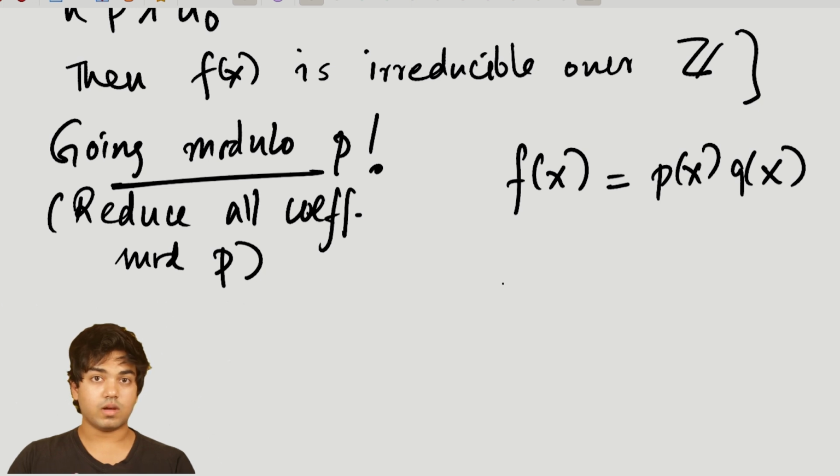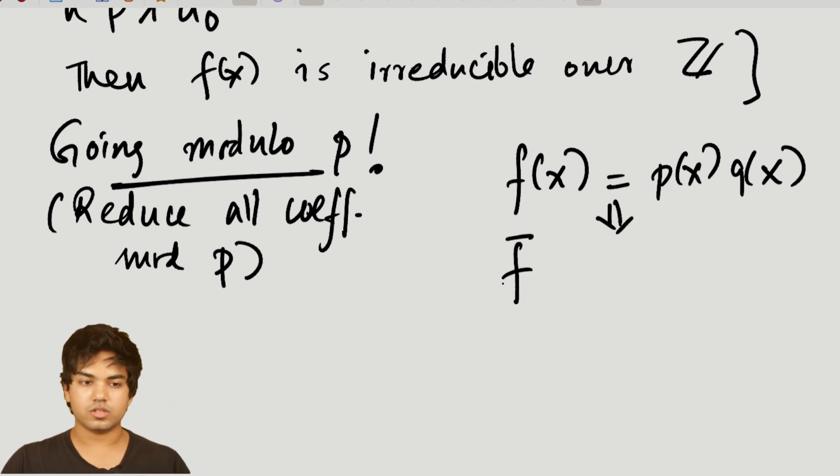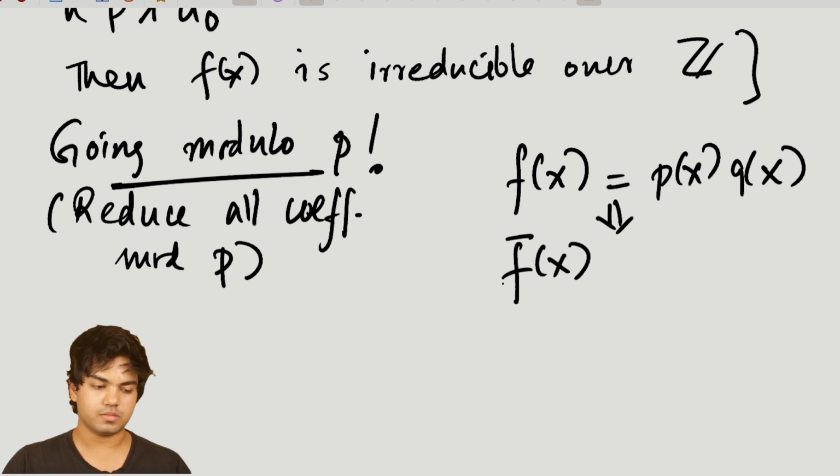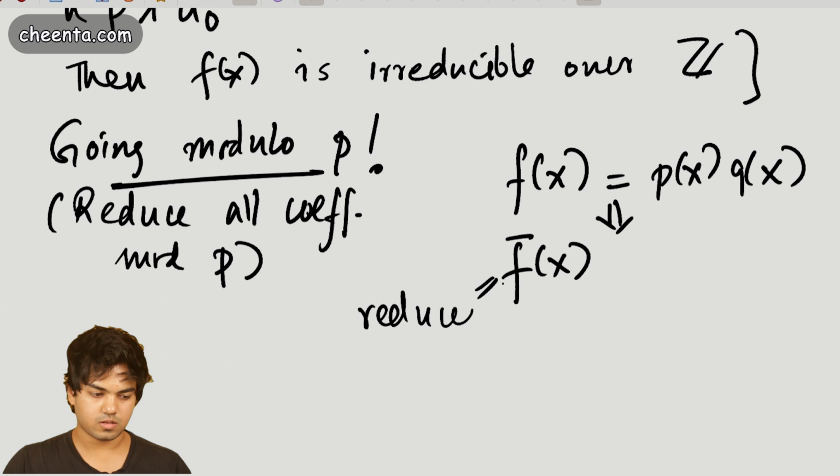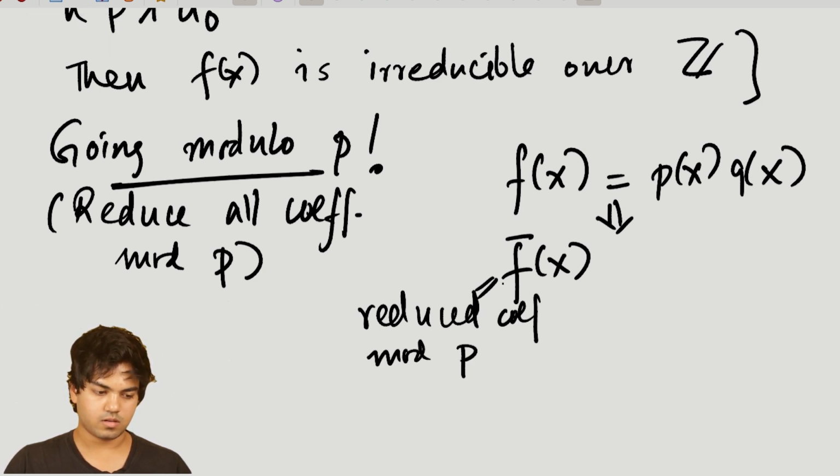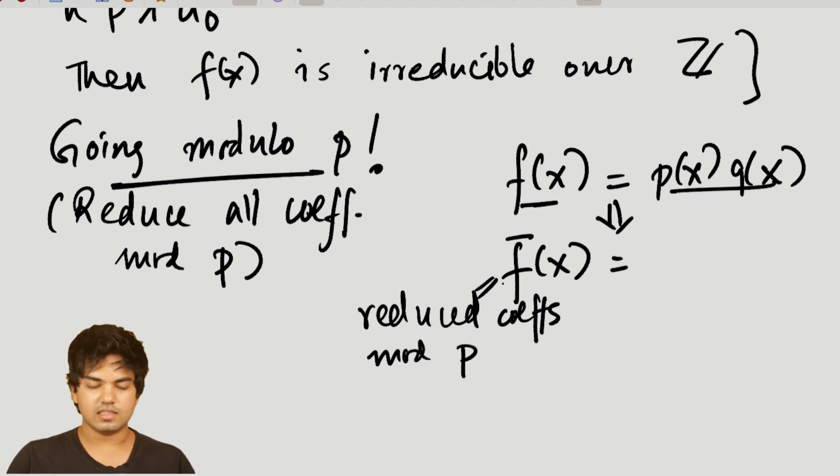And so if I do that, I write the reduced version of f of x as f bar x, which just means all the coefficients are reduced mod p. Since these are equal things, they will stay equal when I go modulo p.